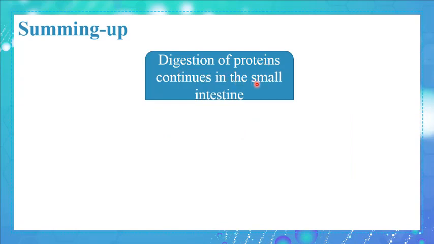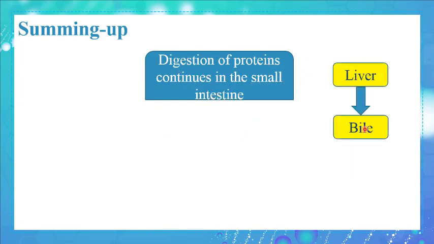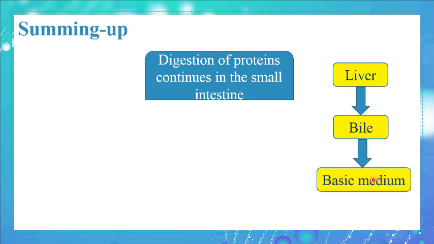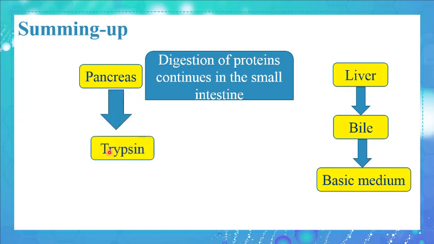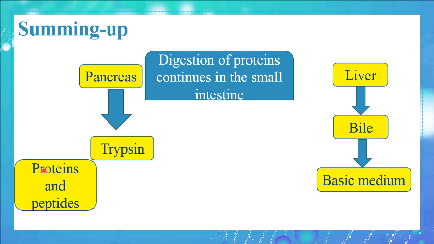Digestion of proteins continues in the small intestine. The liver also produces the bile. The bile makes the chemical medium basic. The pancreas releases the trypsin enzyme. The trypsin digests or transforms the proteins and peptides into amino acids.